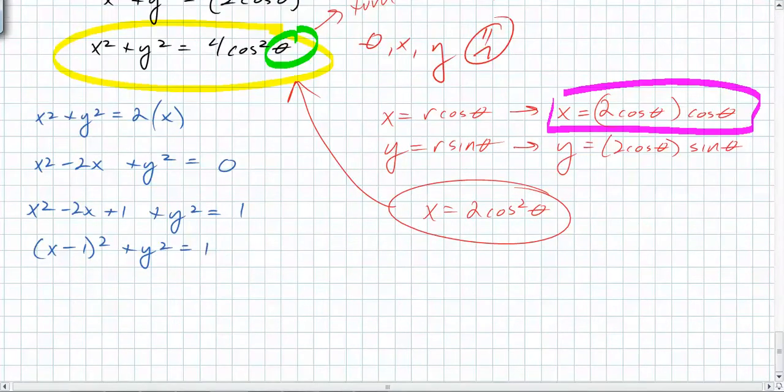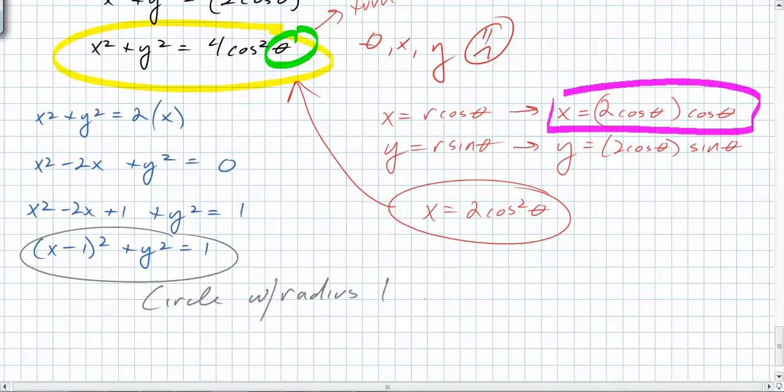So what is that right there? That's a circle. No, it's not a function. Circle with radius what? 1. With center what? 1, 0. Bingo. With center 1, 0.